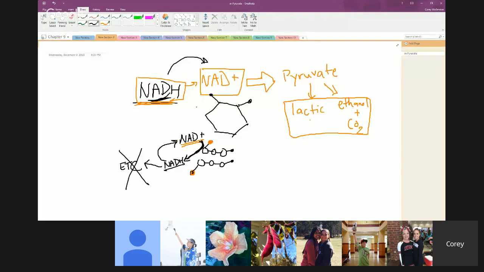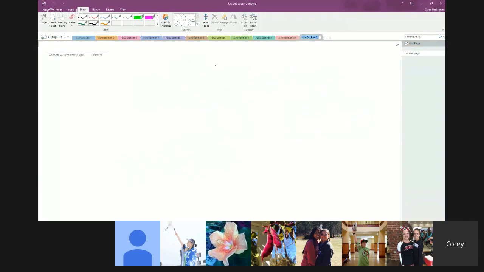And then as far as how pH affects enzyme form, remember that pH is just a measurement of hydrogen ion and hydroxide ion concentrations. So since these are charged particles, they can interfere with hydrogen bonding and they can interfere with ionic bonding.